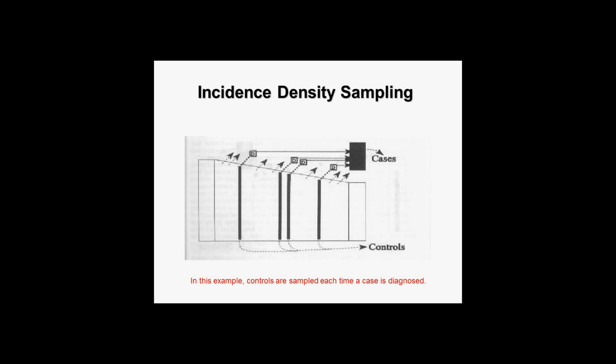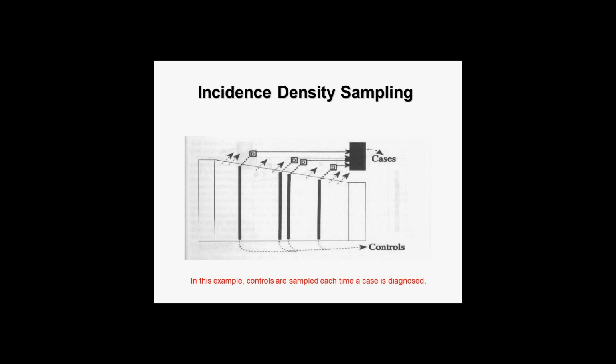You don't just have your cases at the very end of the cohort study and then grab your controls, right? What you do is each time there's a case, you look at who's under follow-up in that study. It's called a risk set. Who's at risk of getting the disease in that study but does not yet have the disease. From that risk set, you then select your matched controls.